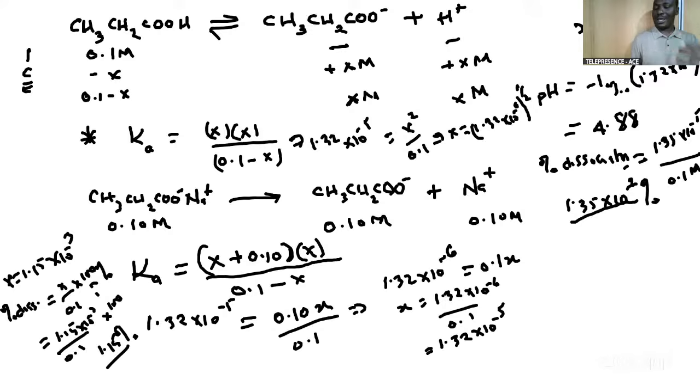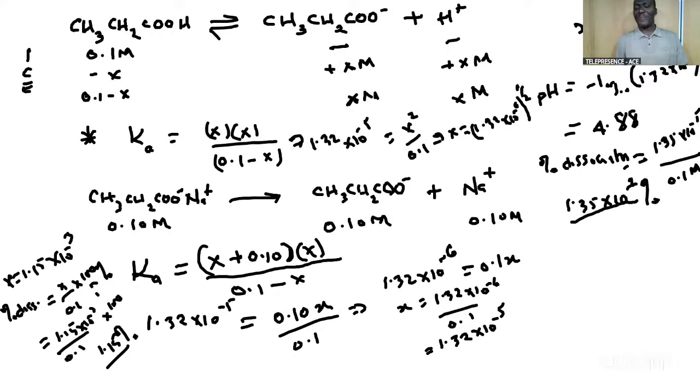Just to explain Le Chatelier's principle again, because you can see here what happened is that in the absence of the salt, the amount of propanoate ion or hydrogen ion, as the case may be, produced is 1.15 times 10 to the power of minus 3.